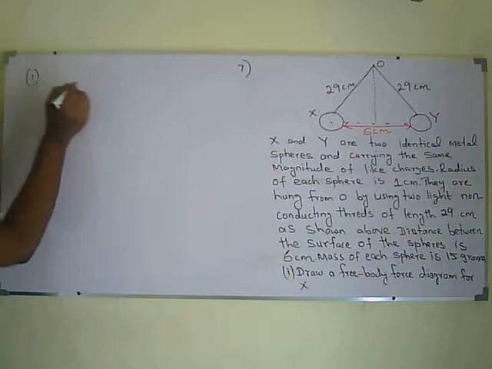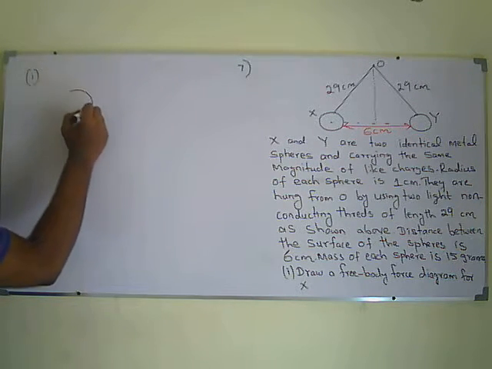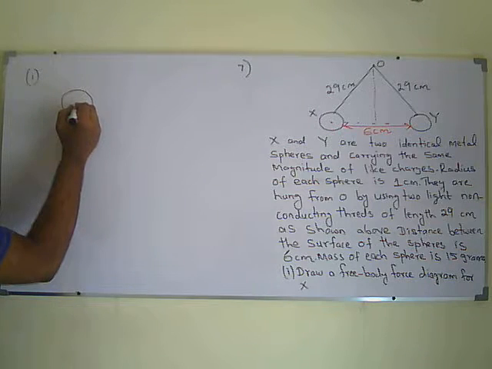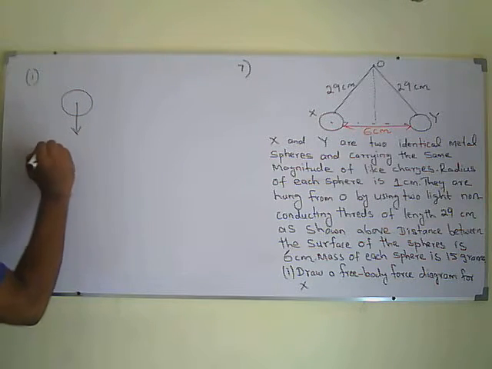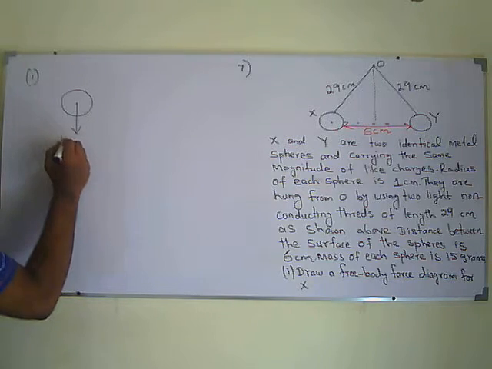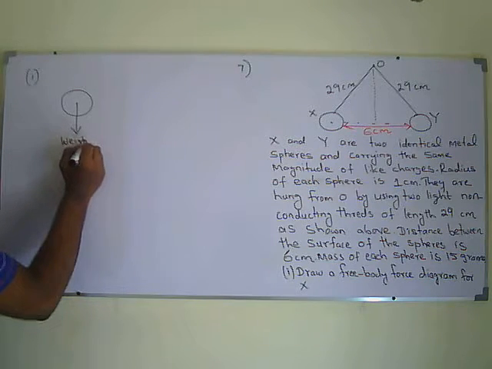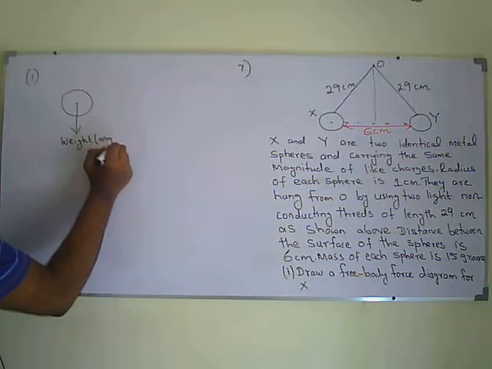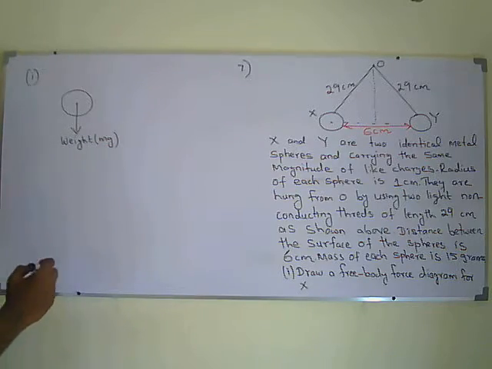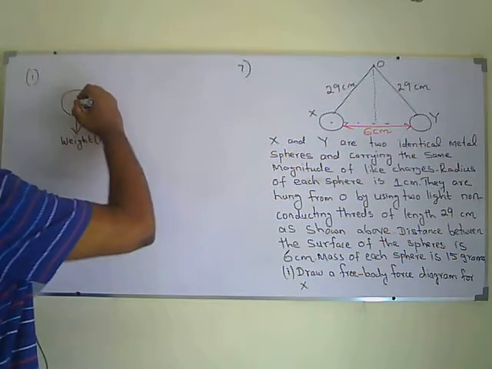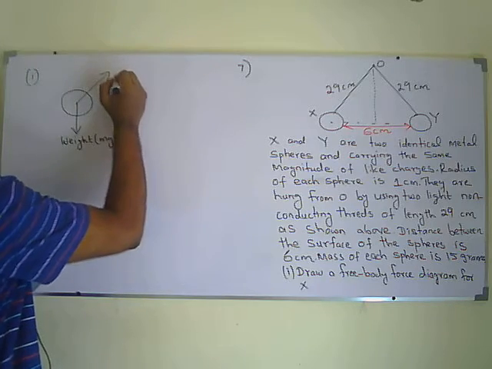So you can draw it like this. This is the sphere. The weight acts from the center because it's a uniform sphere. So that is the weight, mg. The tension will be along the string, this is the tension.